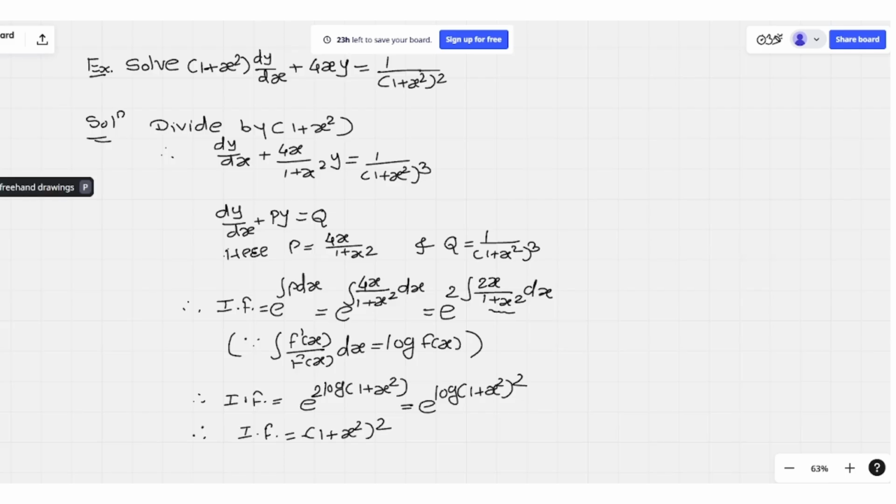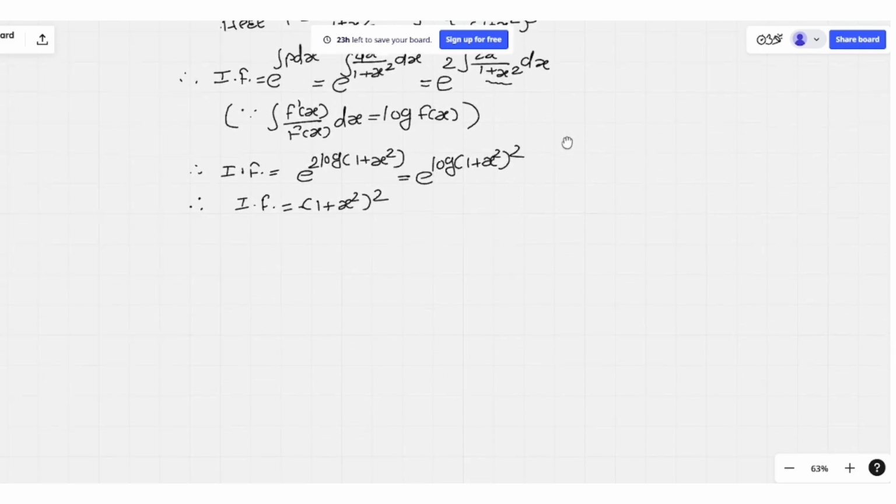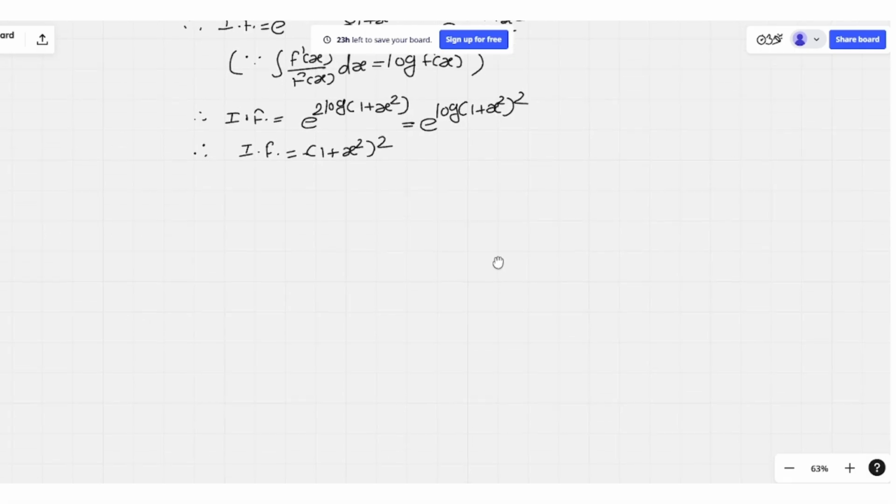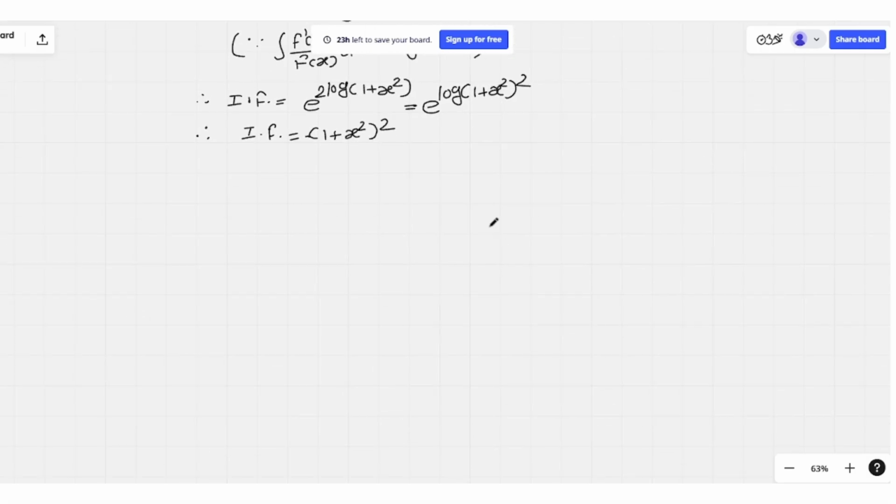And the general solution is y into integrating factor is equal to integration of q into integrating factor dx plus c.